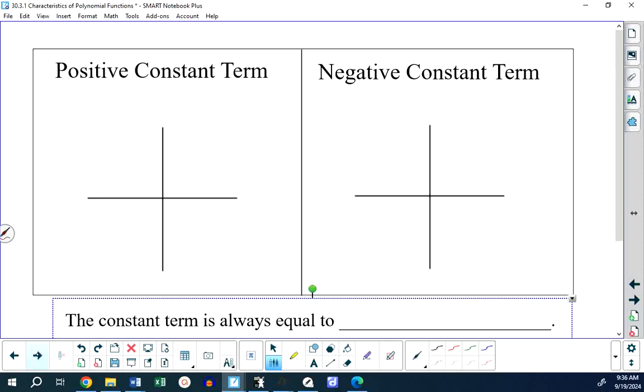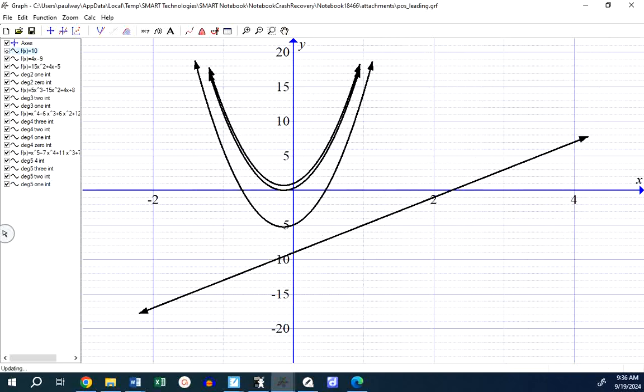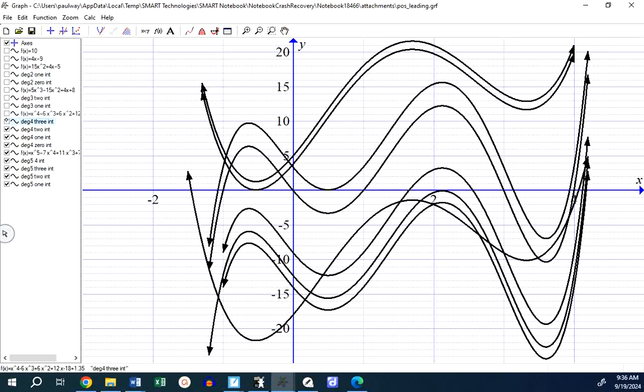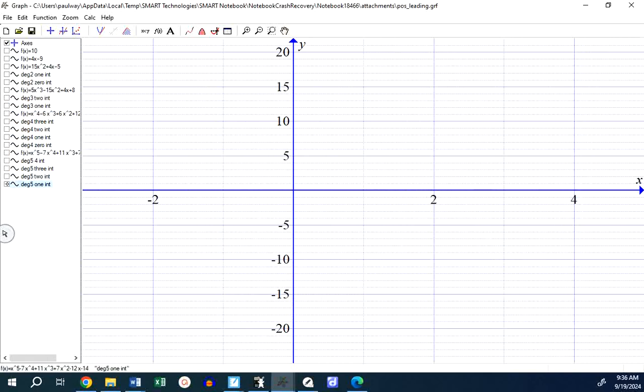What about the constant term? I'm going to go back here to all of these positive leading coefficient ones. And I'm going to pick some that we can see the equation of, that I haven't hidden from view. For example, I'm going to pick y equals 4x minus 9. I've moved my legend out of the way, so I just want to get it back.